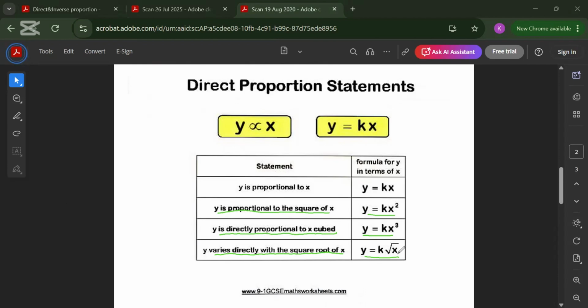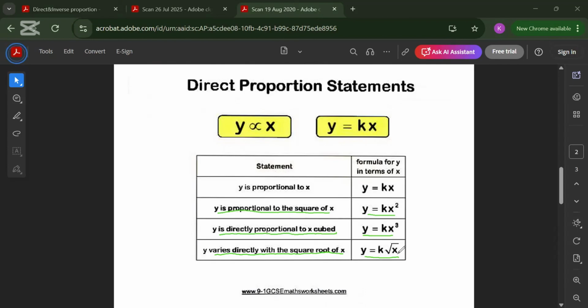Some important points to note from these statements, the wordings. Generally students get confused when in the question it's written y is proportional to square of x, meaning they have not mentioned if it's direct or inverse. If it is not mentioned, it means they are talking about direct proportion.